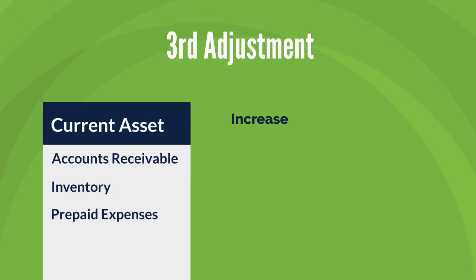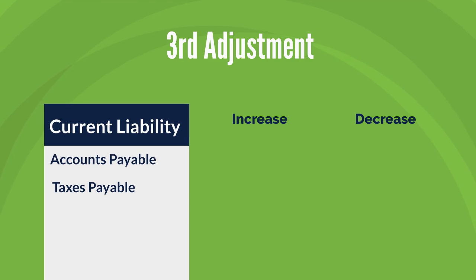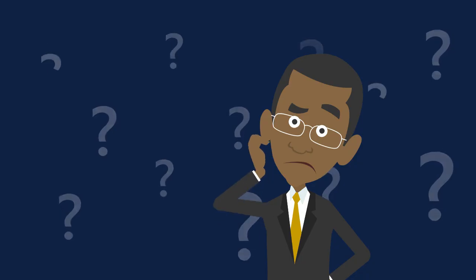For current asset accounts, we deduct amounts that were increases in the current asset account and add amounts that were decreases in the current asset account. Conversely, for current liability accounts, we add what were increases to the current liability account and deduct what were decreases.